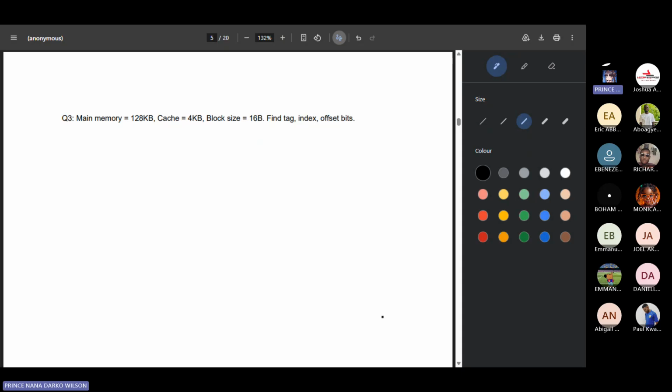Are we working on it, or do you need help with the conversions into the powers of 2? This one here is equivalent to 2 to the power 17.